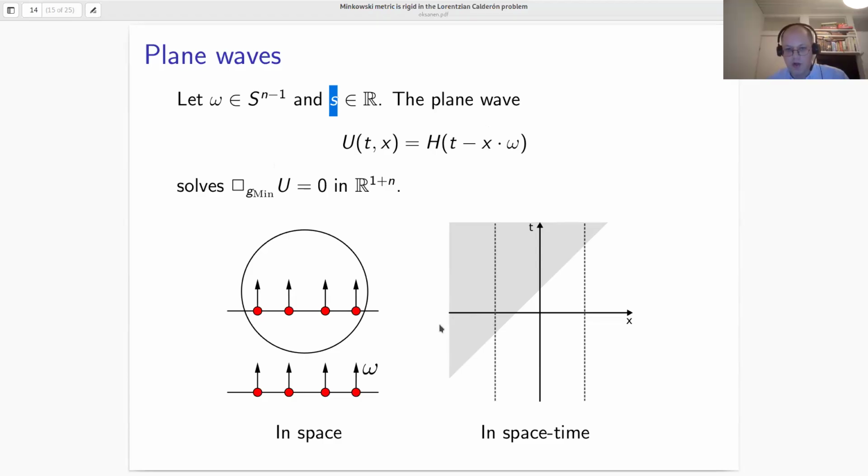And in fact, in this picture, where here is the space-time picture, this function u is 1 here on the gray area and 0 on the white area. And I guess here I've actually shifted a little bit because this jump between 0 and 1 doesn't go through the origin. So I include this shift somehow implicitly here in H. But I don't want to clutter the notation with that shift.